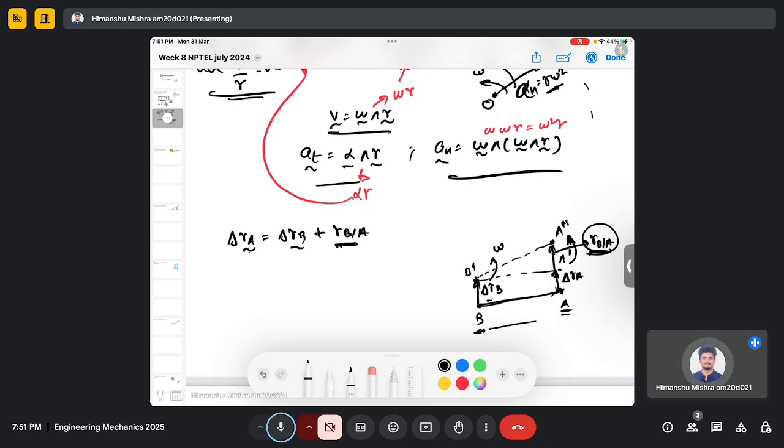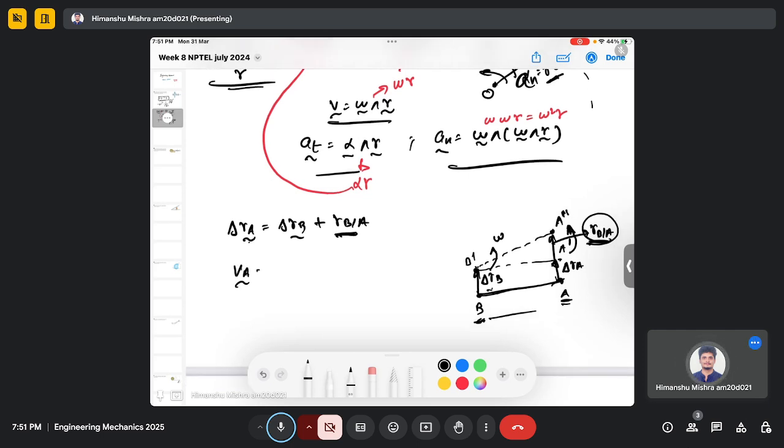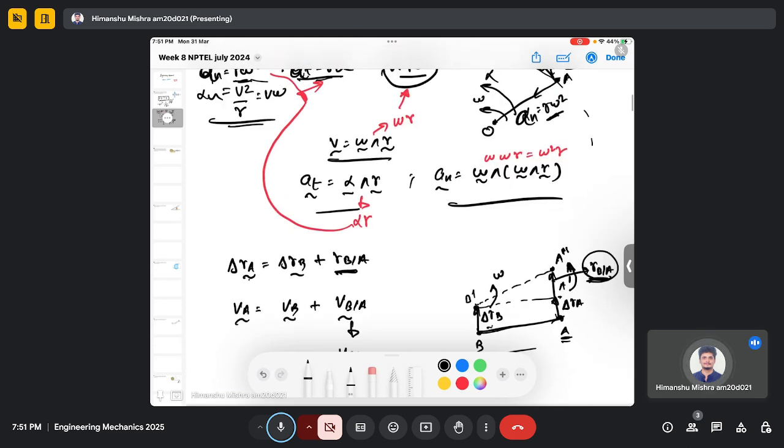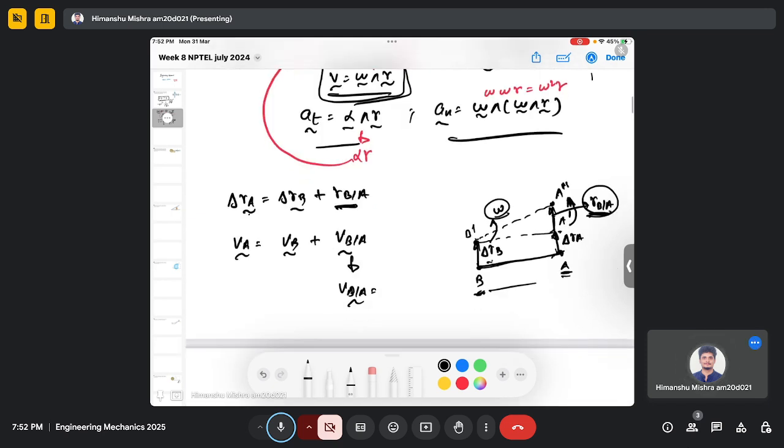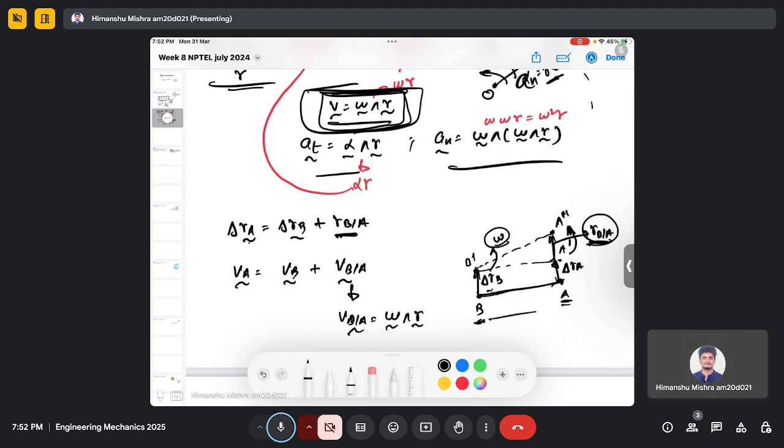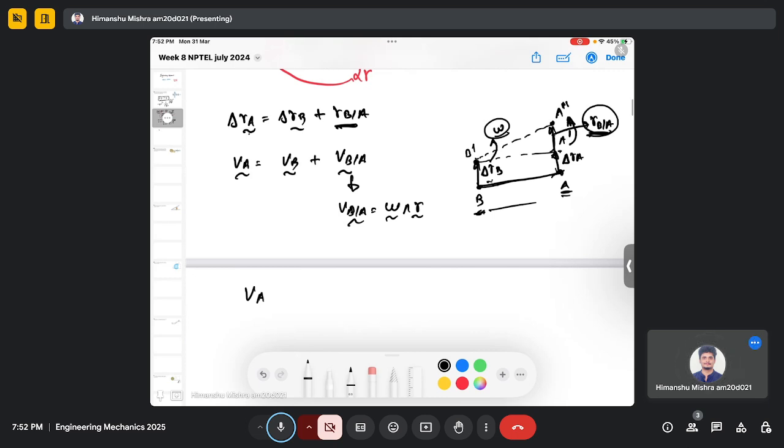Now if I take the time derivative, I will have V A equals V B plus the relative velocity of point A with respect to B. And this relative velocity can be given, from the above relation that we have seen here, because it is rotating with an angular velocity omega, as omega cross r. So my V A equals V B plus omega cross r.